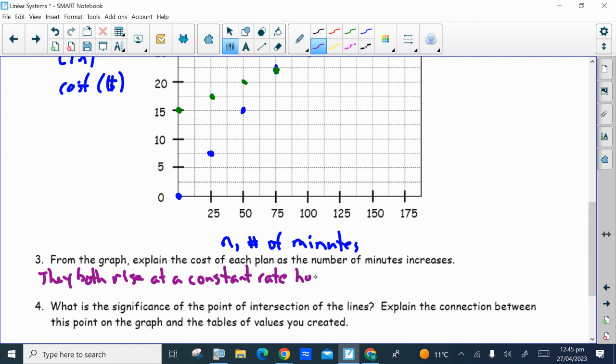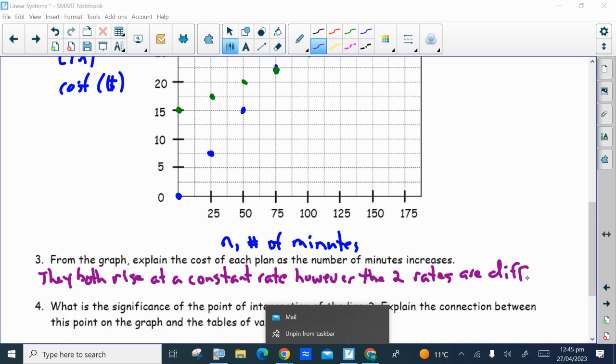However, the two rates are different. Right? One is 25 cents a minute, the other is 10 cents a minute.